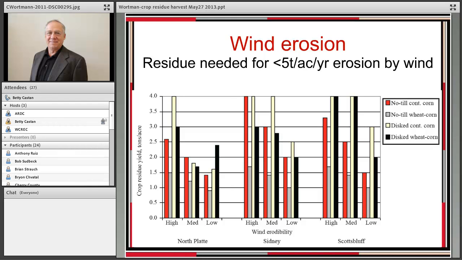And again, we see that for some situations, especially with the highly erodible soil, if we're disking, and it's continuous corn especially, that we should not be removing any crop residue. On the other hand, if we're doing no-till, and especially if we have wheat in the rotation, for all situations we can be doing a considerable amount of removal without a problem.